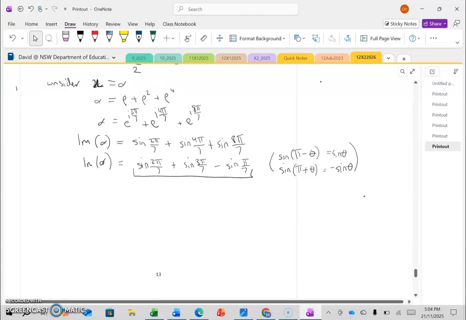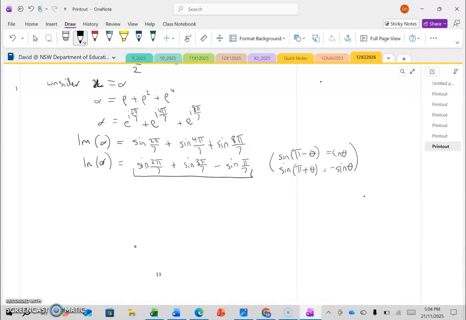There's a couple of ways to do it, but one thing we're going to look at here is that all these angles are in quadrant 1. And we know that in quadrant 1, sine is positive. You might be wondering there's a negative there. I'll show you how we're going to deal with that negative.